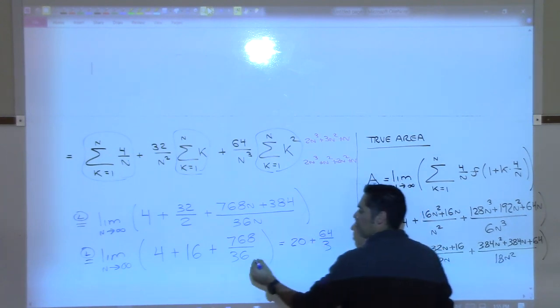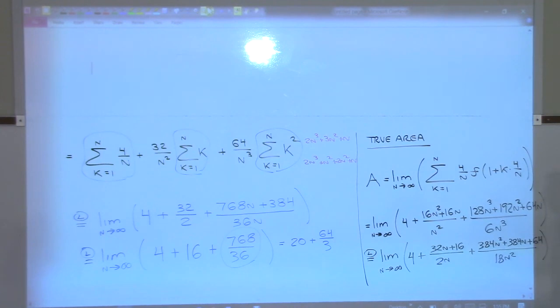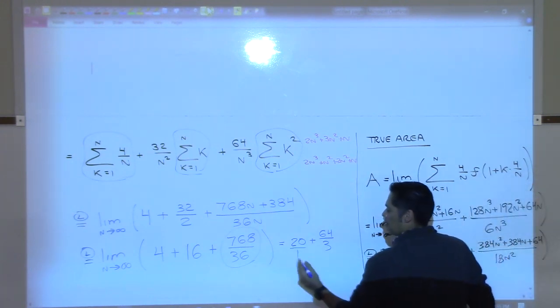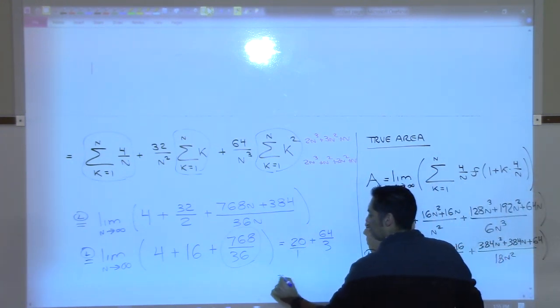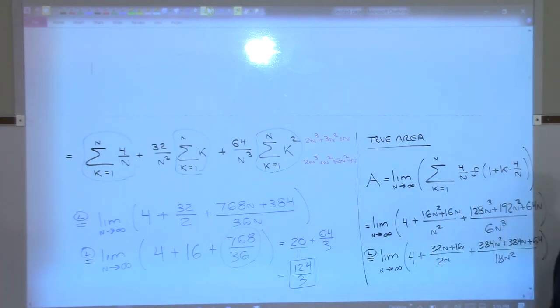So 12 goes into the top and bottom, is that right? Okay with that? Can we get a common denominator between those two to put them together? 3 on top and bottom here, so what do we get? 124 over 3. That should be the exact area.